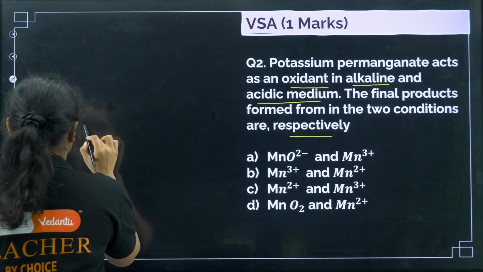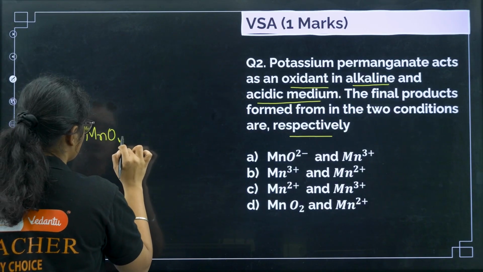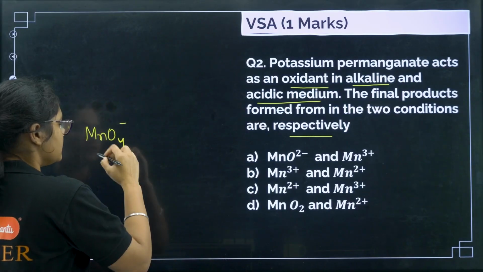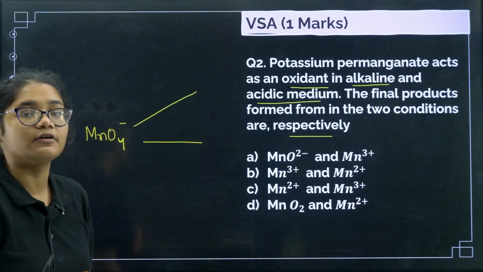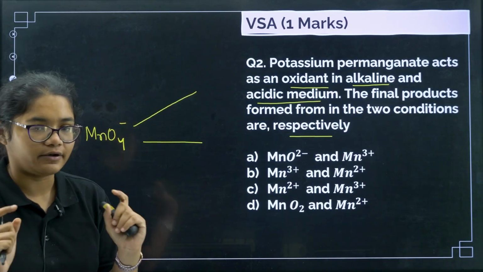So if you remember, manganese, MnO4 minus, permanganate, is a very good oxidizing agent, so it will oxidize others and itself it will get reduced.